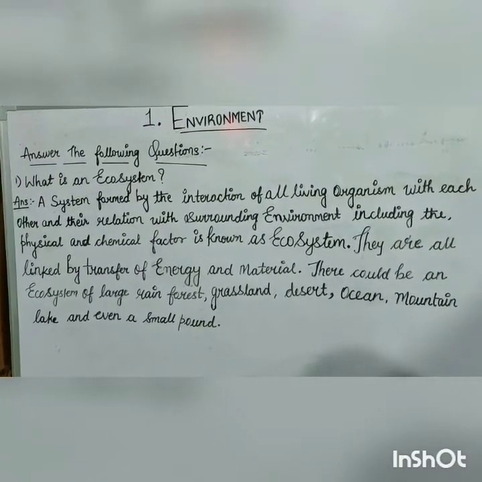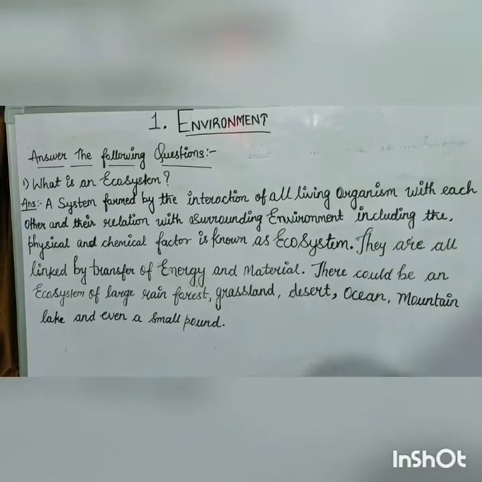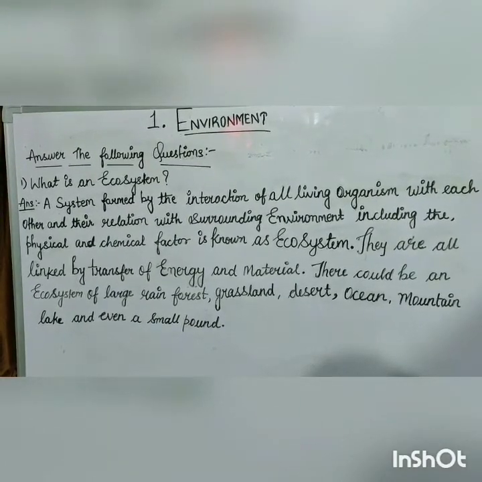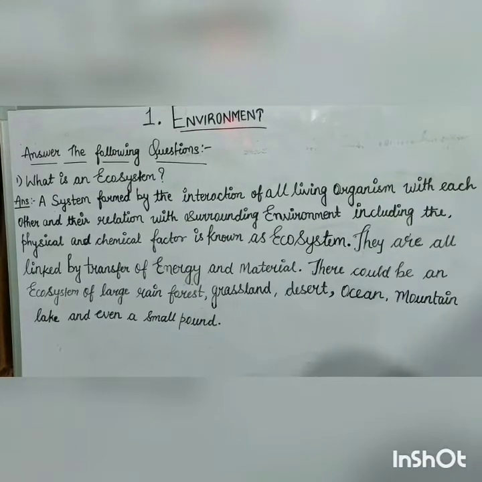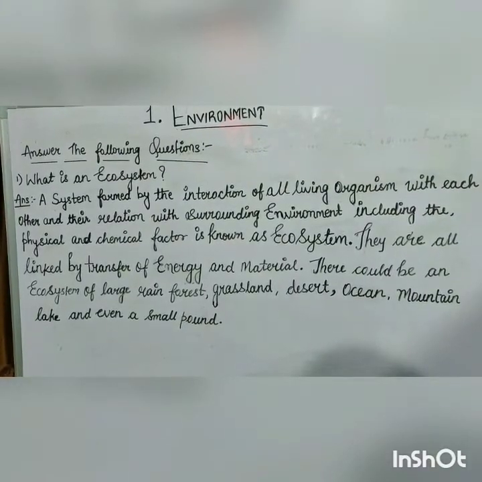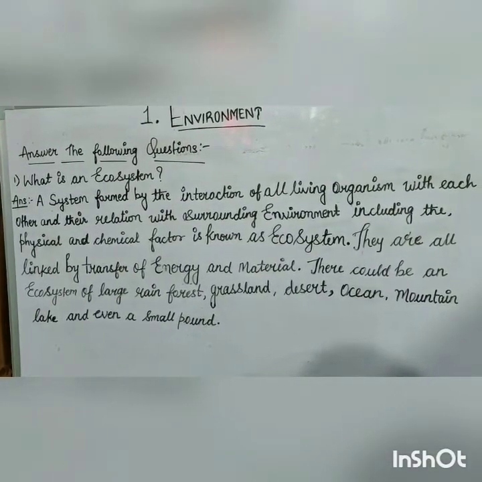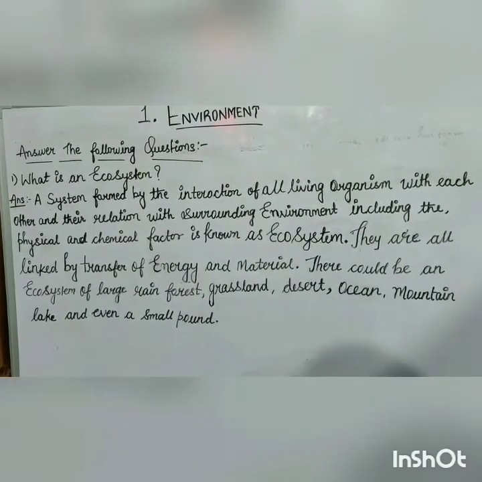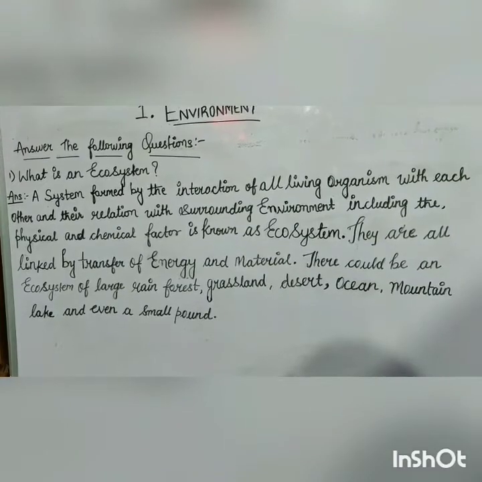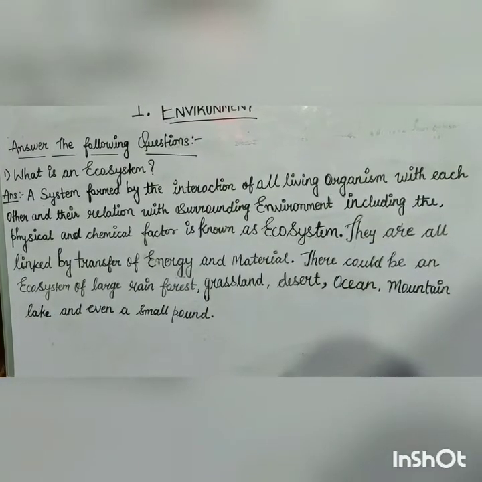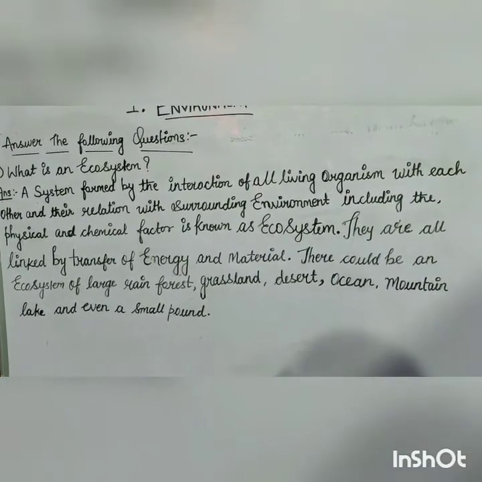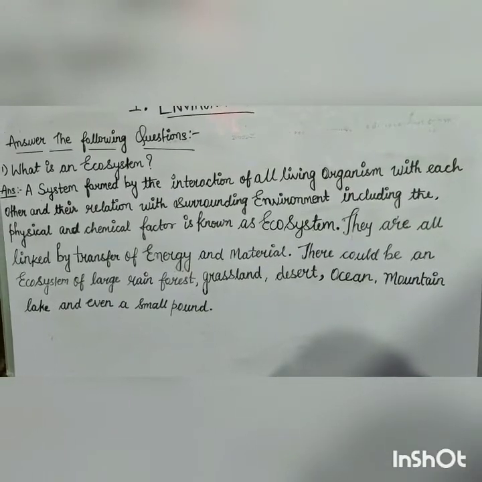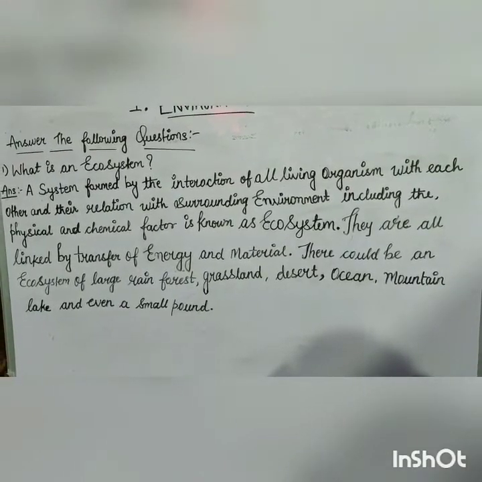Answer the following questions. First question we have here: what is an ecosystem? The answer is a system formed by the interaction of all living organisms with each other and their relation with the surrounding environment, including the physical and chemical factors, is known as an ecosystem. They are all linked by transfer of energy and material.